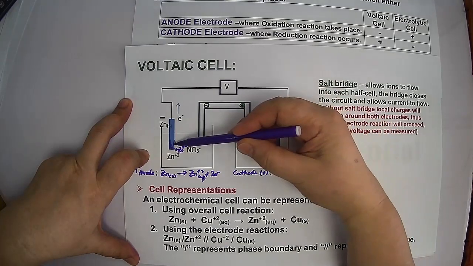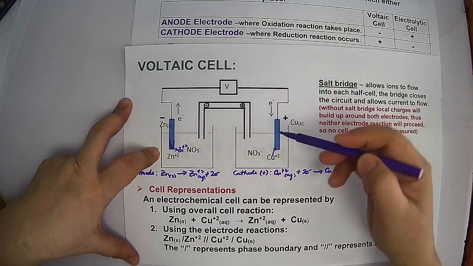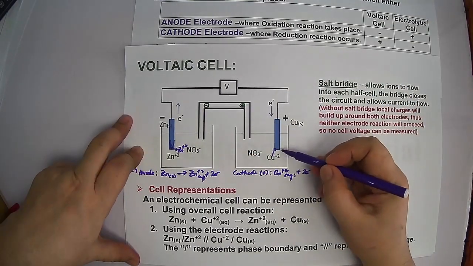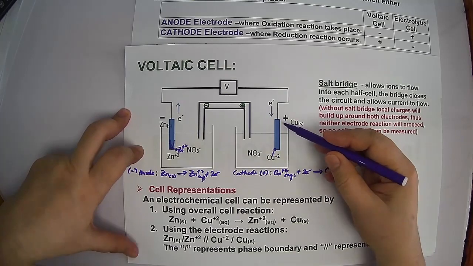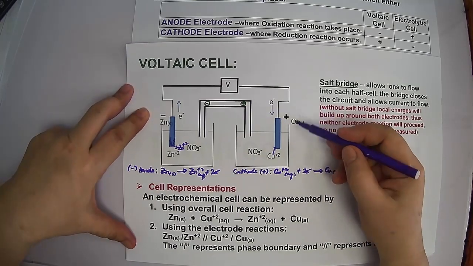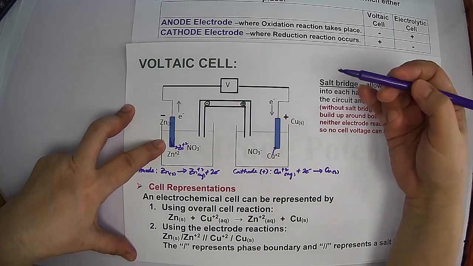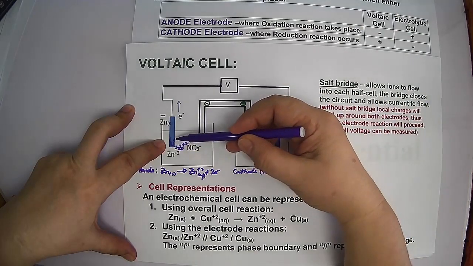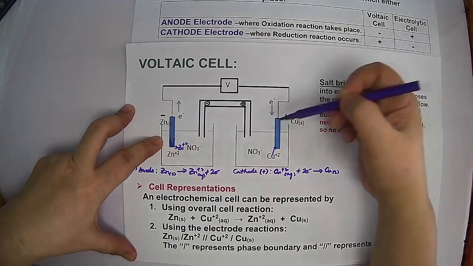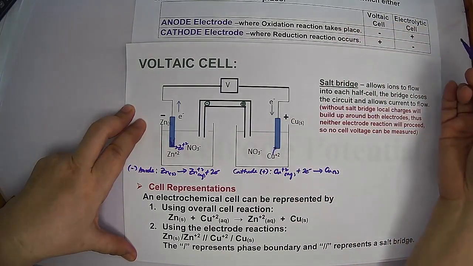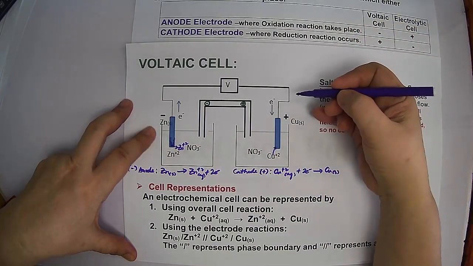As this cation increases in the anode, the cation decreases in this compartment because it is the one that accepts the electrons coming from the anode to the cathode. When there are not enough electrons coming and the anode here is used up, then there would be no cell voltage that can be recorded.